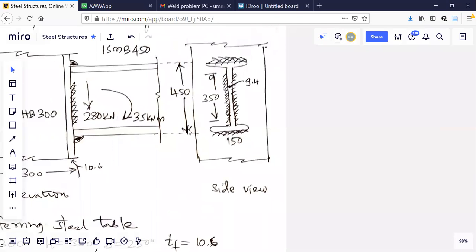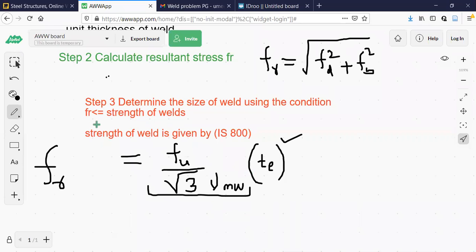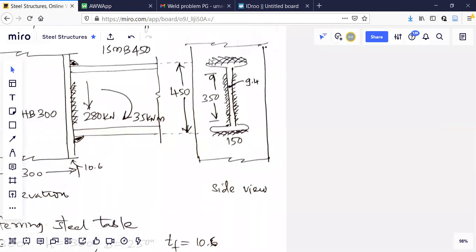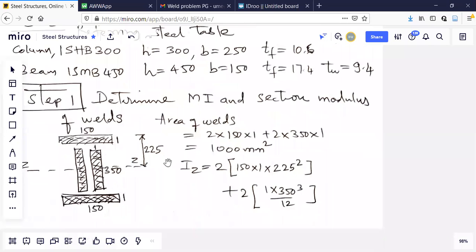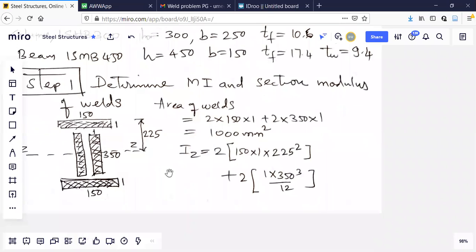Let us say the bottom here is 150 by 1 mm, where t is 1 mm. That is why that t will come, because of the assumption that you start with thickness as unity. So the weld is shown in the form of those rectangles. That is what I'm trying to tell you.